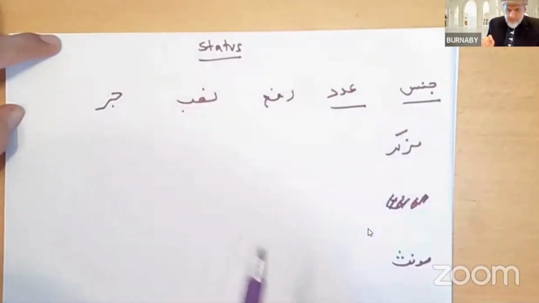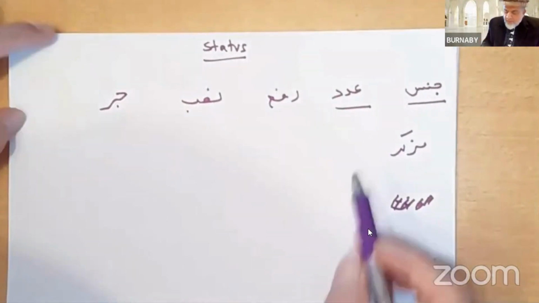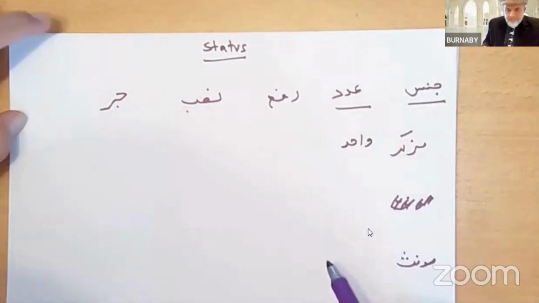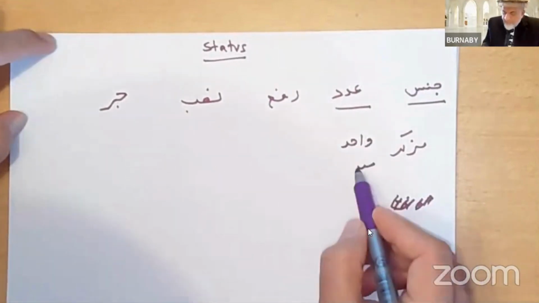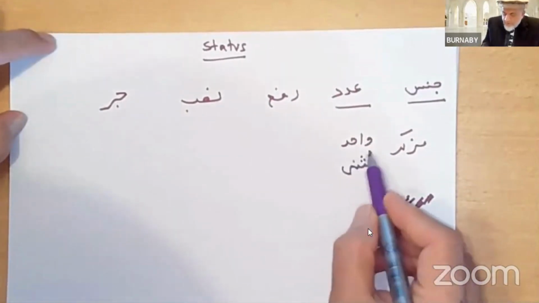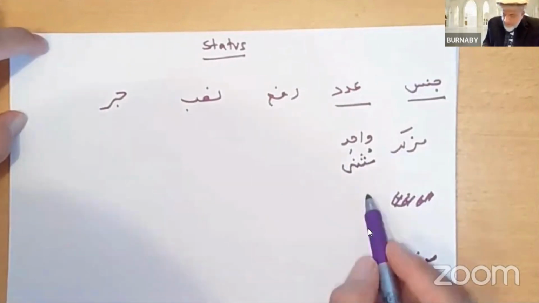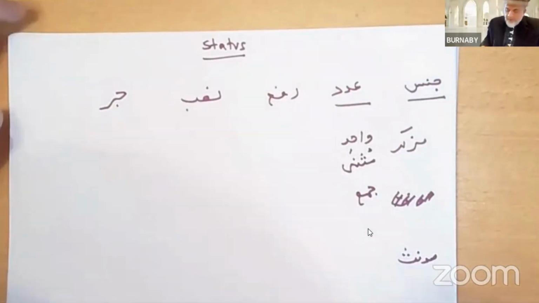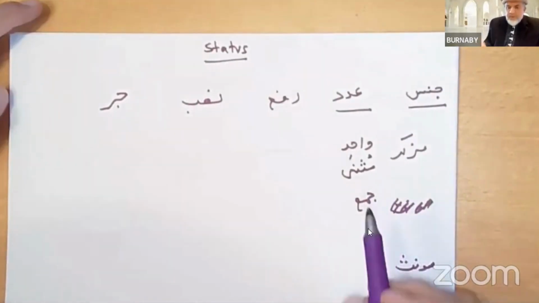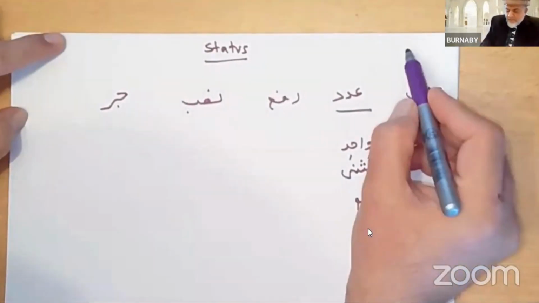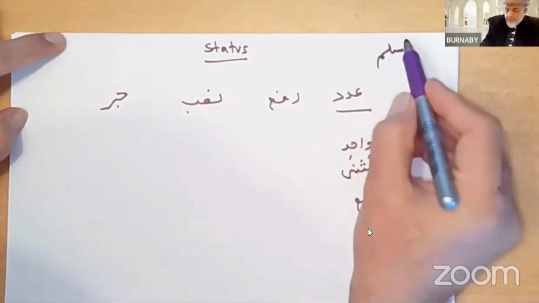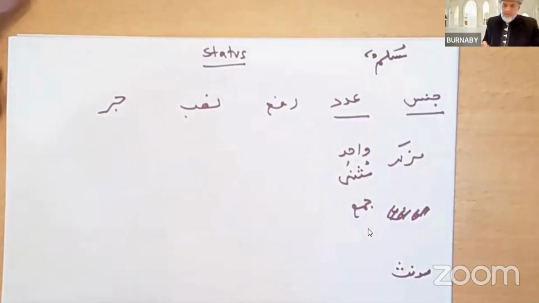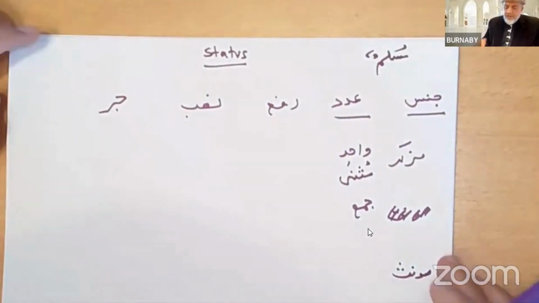And we missed the type for now, right? So if I deal with mudakkar, can I have wahid? Yes. Can I have musanna? Yes. And then can I have jama? Yes. Very good. So if I take the word Muslim, what did we say in Arabic by default?